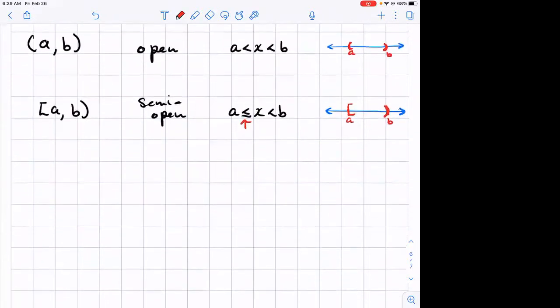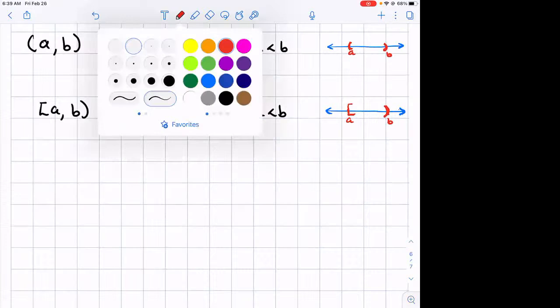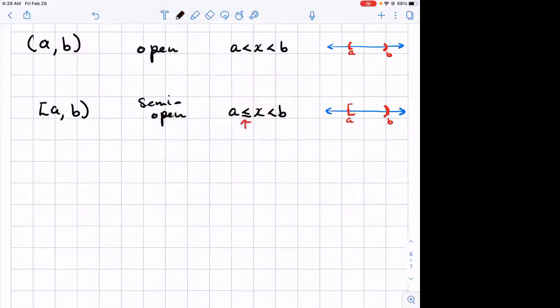And then we also have where we switch it around now. So (a, b], but now closed on the b side. So still this is semi-open. And now we said x is less than or equal to b, but greater than a.